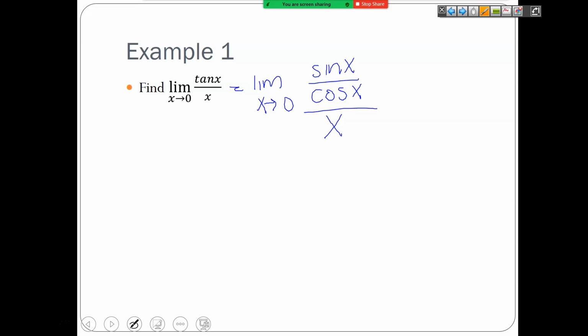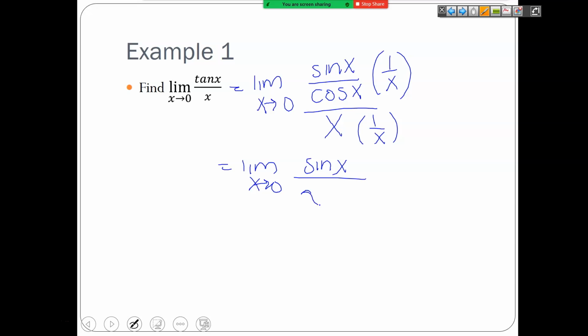This is why we got the trig identities. So now you have a fraction and a fraction, which we know is a no-no. So we're going to multiply by the reciprocal, so that this becomes the limit as x approaches 0 of sine x over x times cosine x.